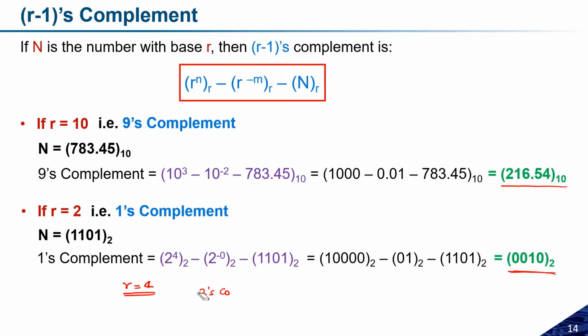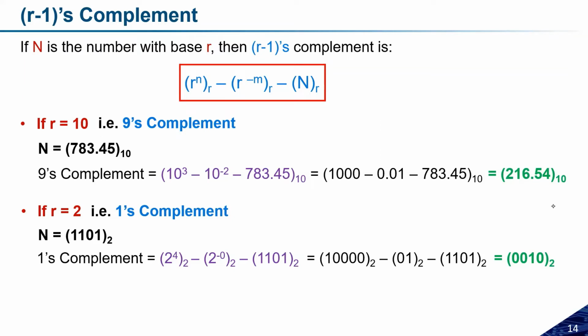As of now we have tried to understand how we can calculate the 1's complement if the number is represented in the binary number system, and how we can calculate the 9's complement if the number is represented in the decimal number system. What is m in this formula?